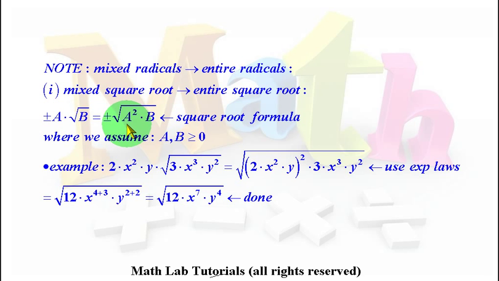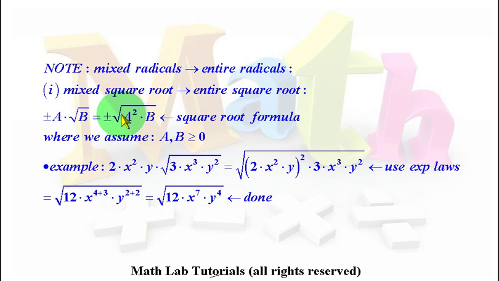If you look at the right-hand side, we get plus minus square root of a squared times b. Now, what did we do to get the a inside the square root jail? We had to square it. You can understand this more fully if we try to read the square root formula backwards. a squared is a perfect square, and it's also positive. In other words, a is greater than or equal to 0.